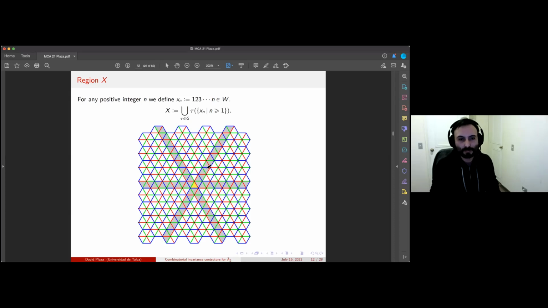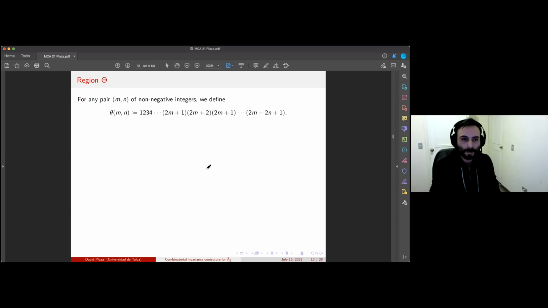The second region is region theta, and as before, we start by defining certain elements. In this case, for any pair of non-negative integers m, n, we define the element theta mn, that is 1, 2, 3. So we start by 1 and go up till 2m plus 2, and then go down till 2m minus 2n plus 1.